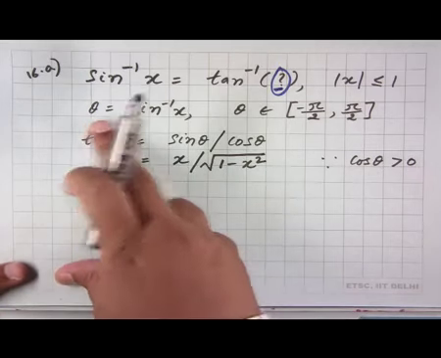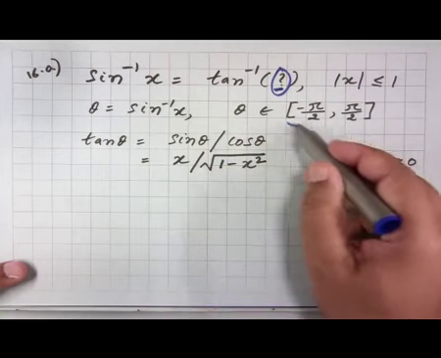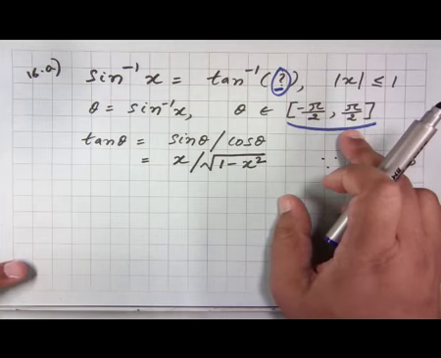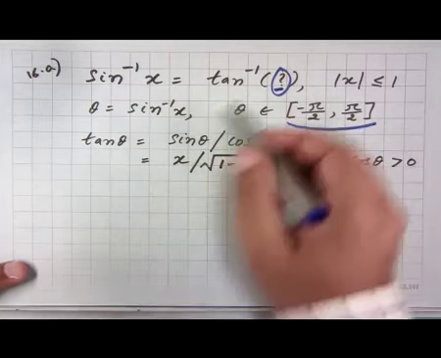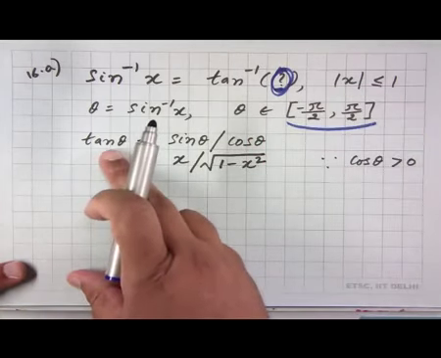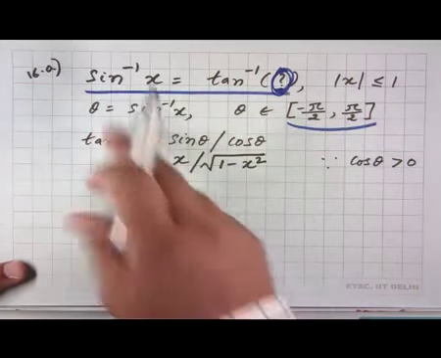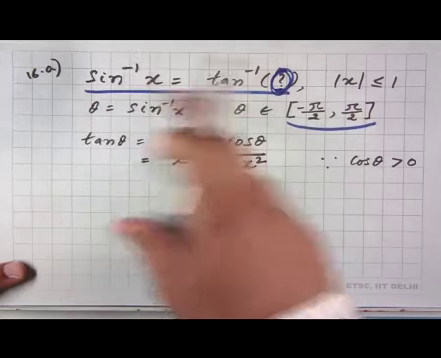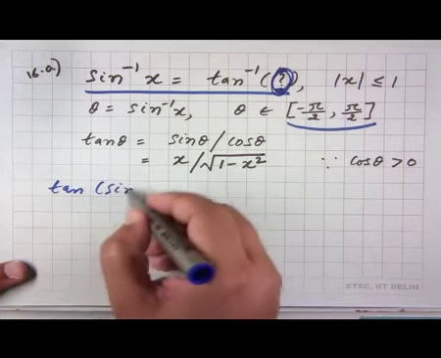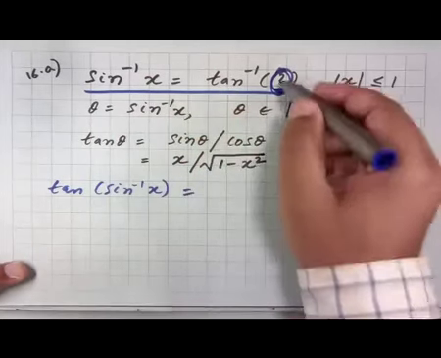Let us say that theta is equal to sin inverse x. Then theta belongs to the range of sin inverse, which is minus pi by 2 to plus pi by 2. Since we want to find this unknown thing, we are interested in finding tan of sin inverse x, because if I take the tangent function on both sides of this equation, I end up getting tan of sin inverse x equal to this unknown thing.